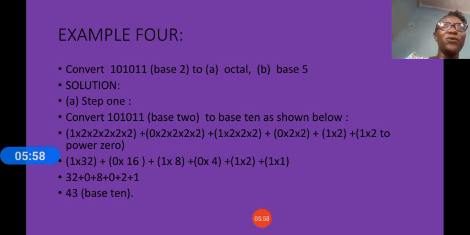And this will in turn give us 1 times 32 plus 0 times 16 plus 1 times 8 plus 0 times 4 plus 1 times 2 plus 1 times 1. And we'll have 32 plus 0 plus 8 plus 0 plus 2 plus 1, which is equal to 43 in base 10. This is just the first stage of this answer.